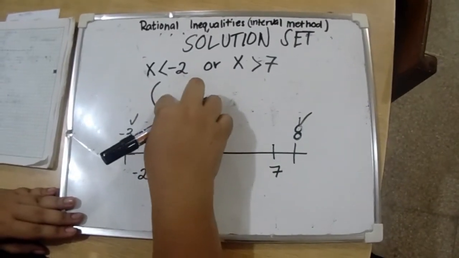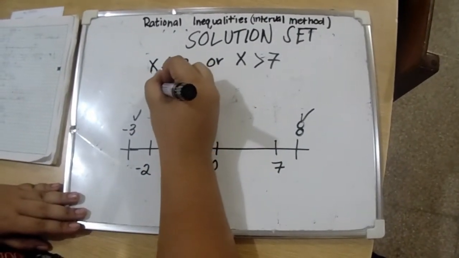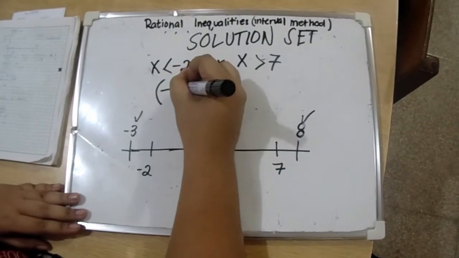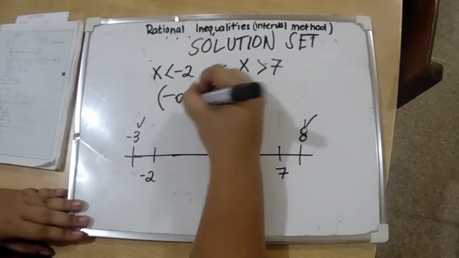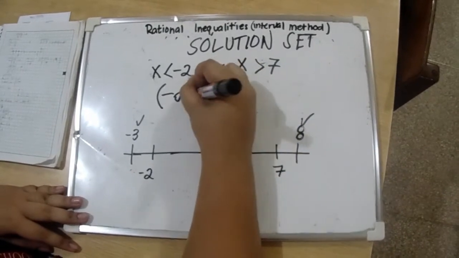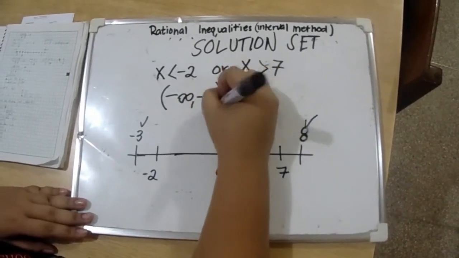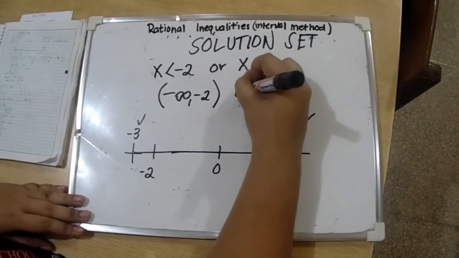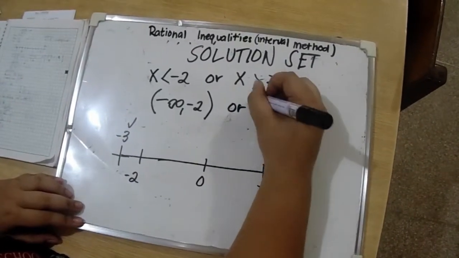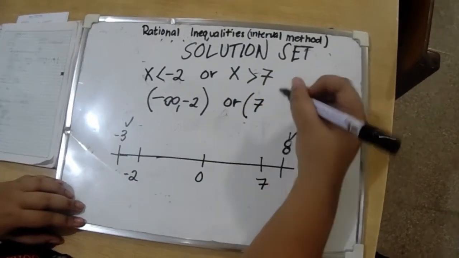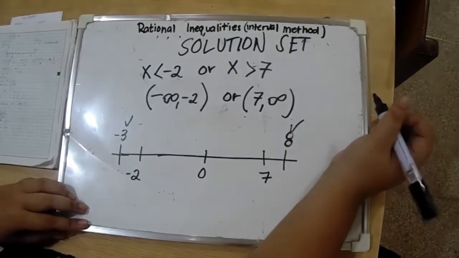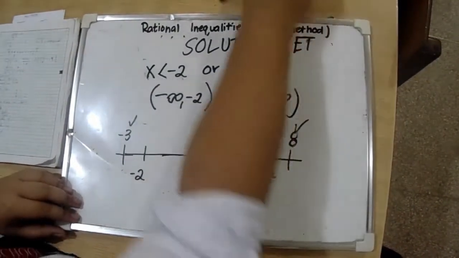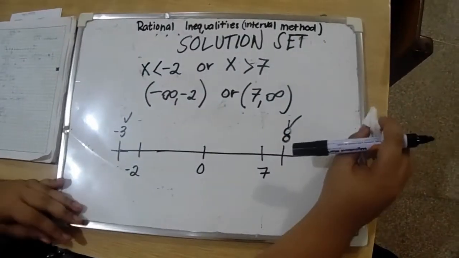So in here, it will be negative infinity going to negative 2. And for the other side, we're going to put 7 going to positive infinity. So that's how we solve rational inequalities.